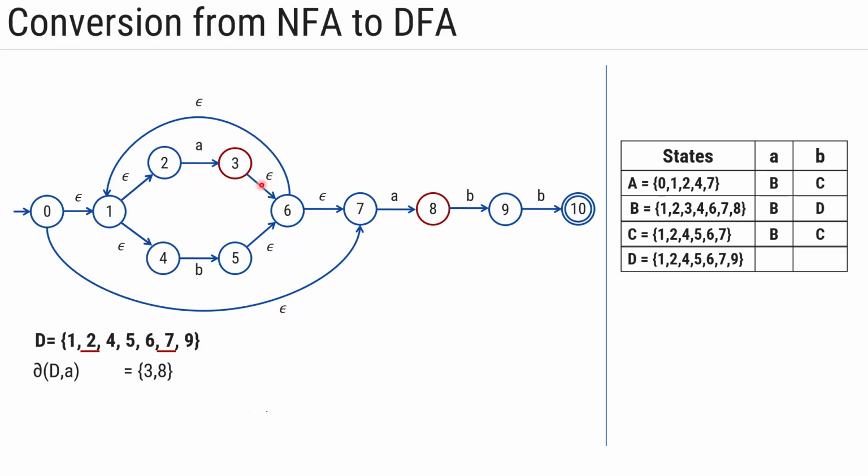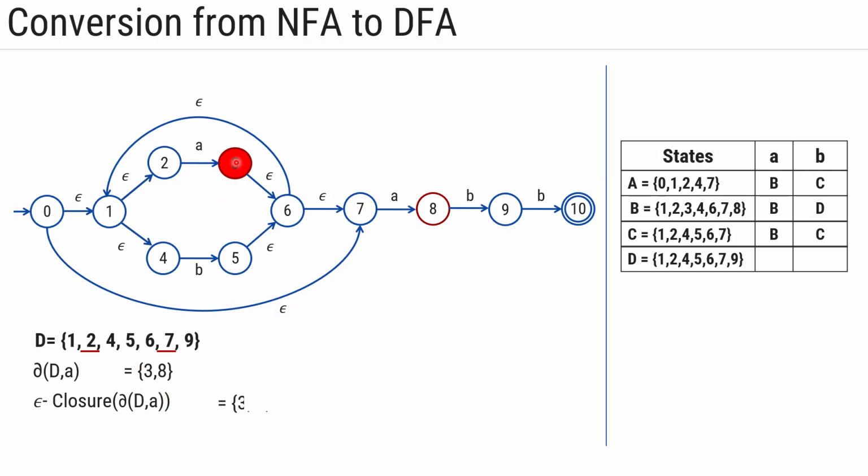You might have already observed, you already know how to find the transition for this: 2 on a will go to 3 and 7 on a will go to 8. These two states will give 3 comma 8. Then for this again find the e-closure. E-closure of delta of capital D comma small a is again nothing but 3 comma 8.